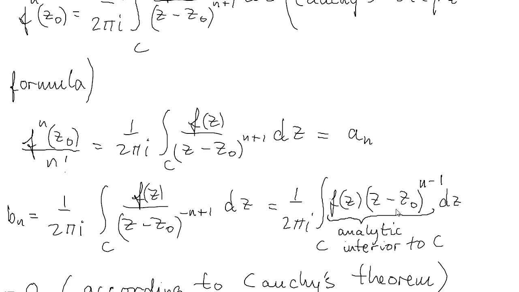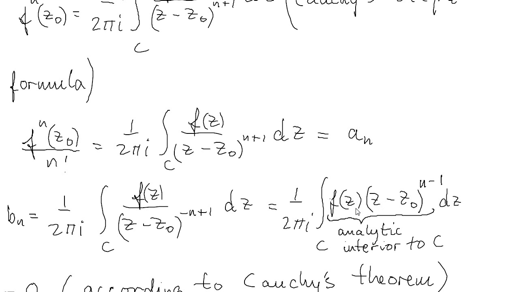But now we know that this function f of z is analytic, and z minus z0 to the power of n minus 1 is just a polynomial function multiplied with the function f of z. So these two functions must be analytic separately, and the product of analytic functions is also analytic.